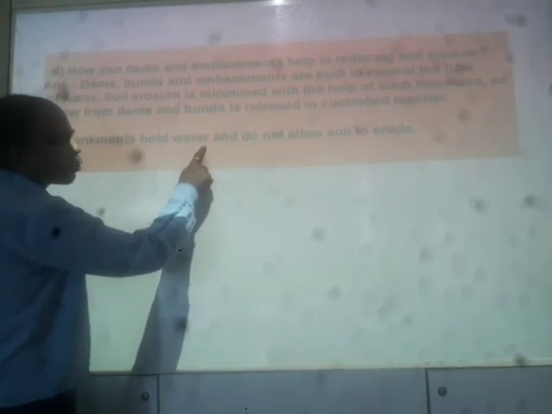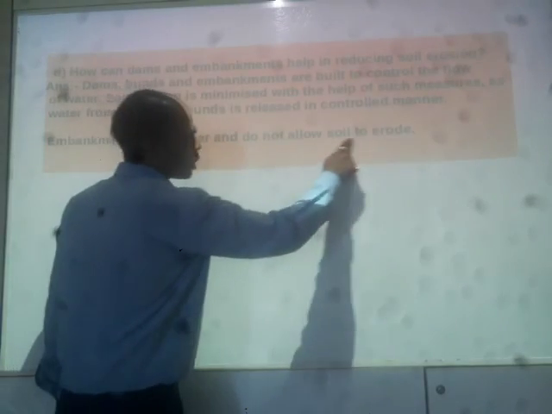If the flow of water is smooth, it can't take away the soil with it. But if it flows rapidly, it will take away the top fertile part of the soil. In the same way, embankments also hold the water.